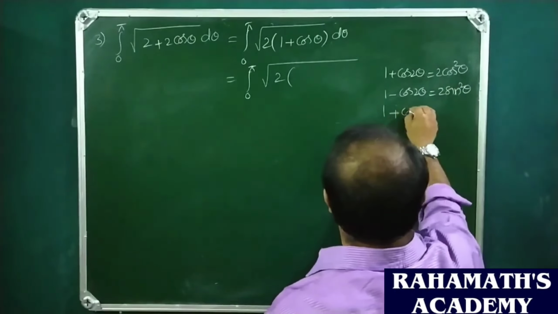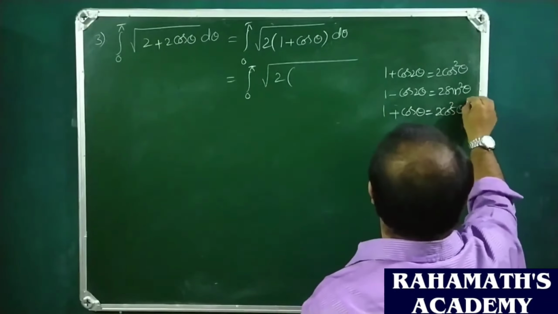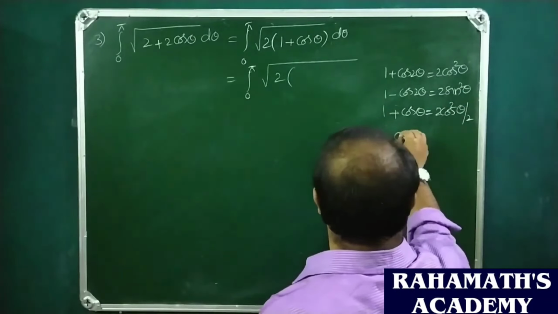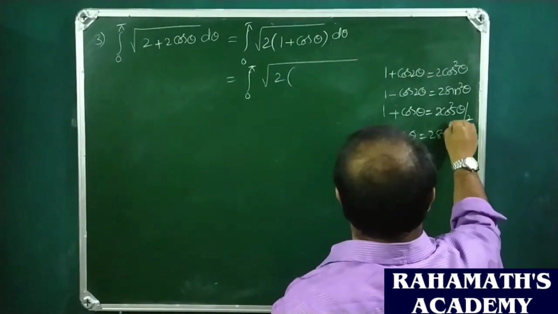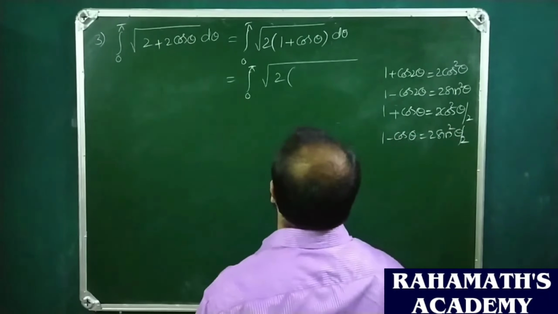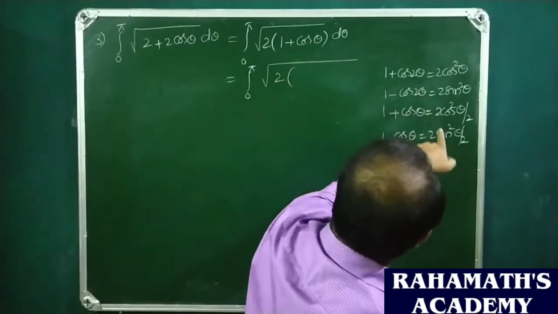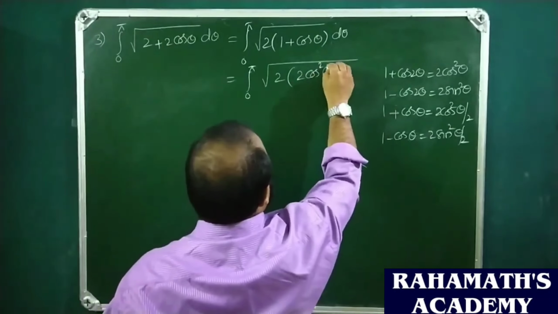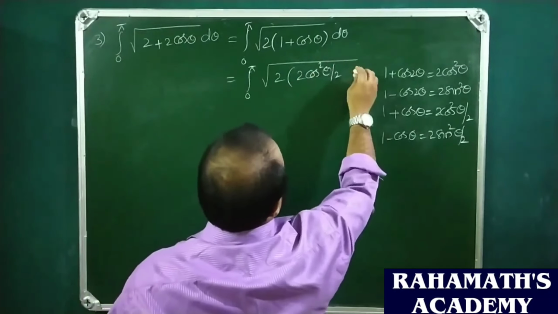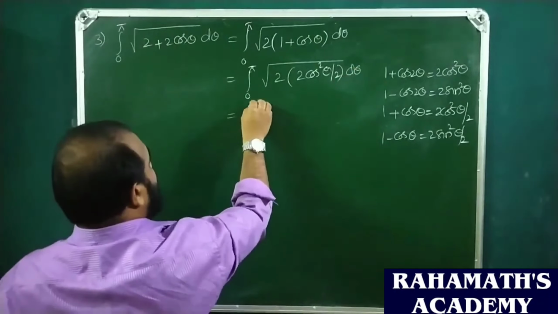Similarly, what is 1 plus cos theta? It is 2 cos square theta by 2. Similarly, 1 minus cos theta is 2 sin square theta by 2. So using this trigonometric identity, 1 plus cos theta is 2 cos square theta by 2, d theta, from 0 to pi.